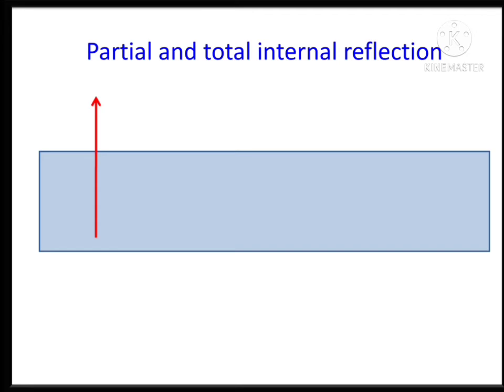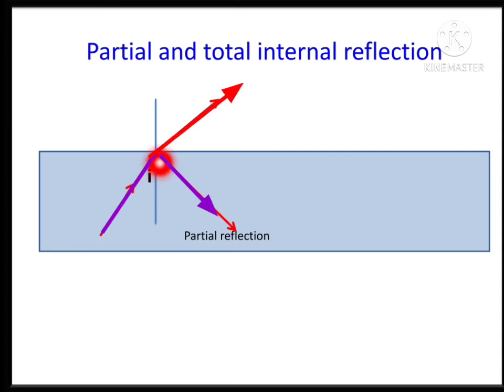But for an incident light ray coming with an angle of incidence less than 90 degrees, some light rays are refracted in this direction and some part of the light gets reflected in the same medium. This is called partial reflection.